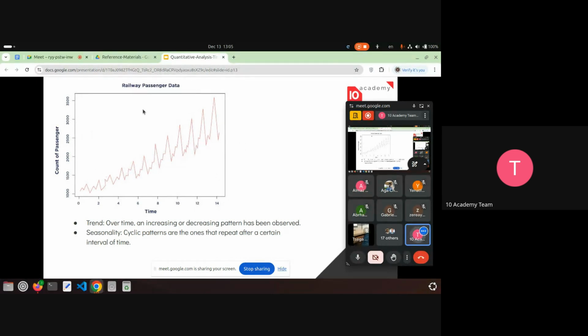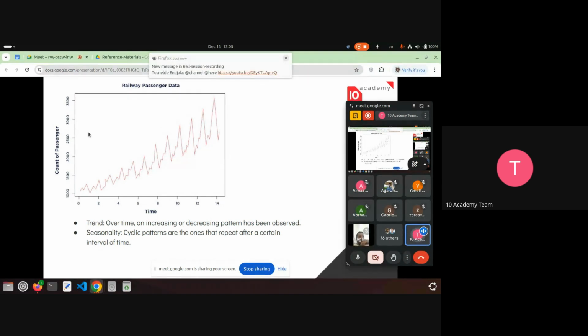Okay, so when dealing with time series, we can think of the patterns that can happen in the data. There are different types of patterns that can appear. Let's take this example, railway passenger data.